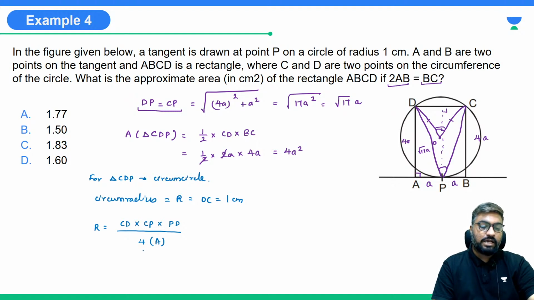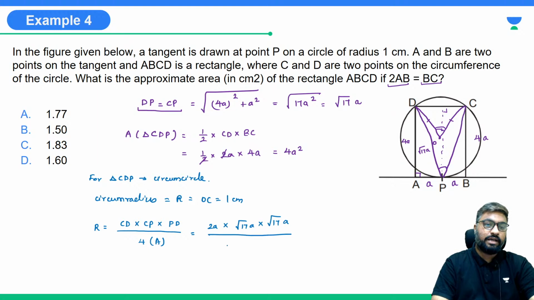Yes. Are you able to get this? तो इधर से हमें क्या मिलेगा? CD क्या है? CD is 2a into root 17a into root 17a divided by 4 times 4a square. Agreed?